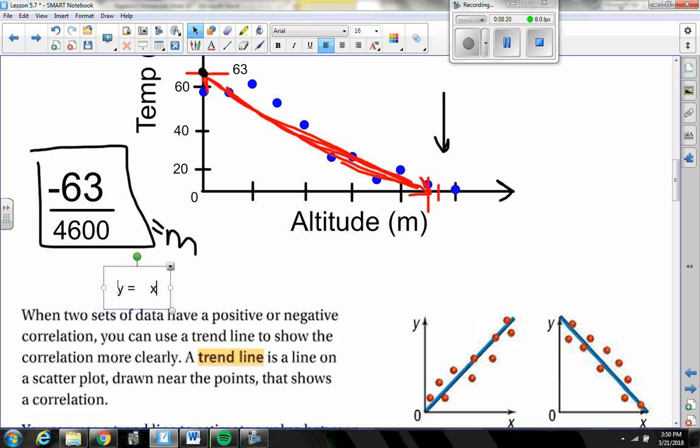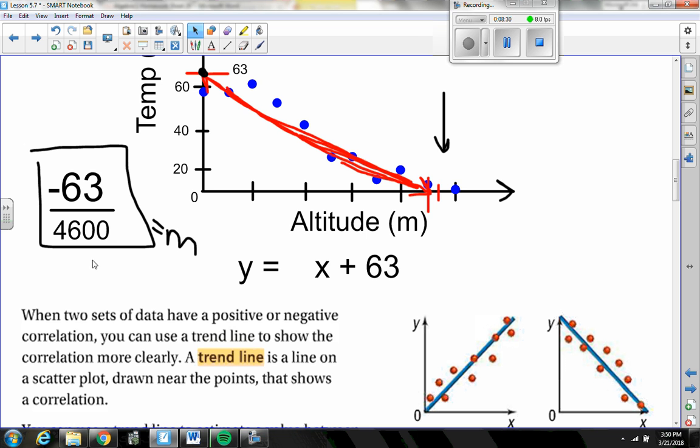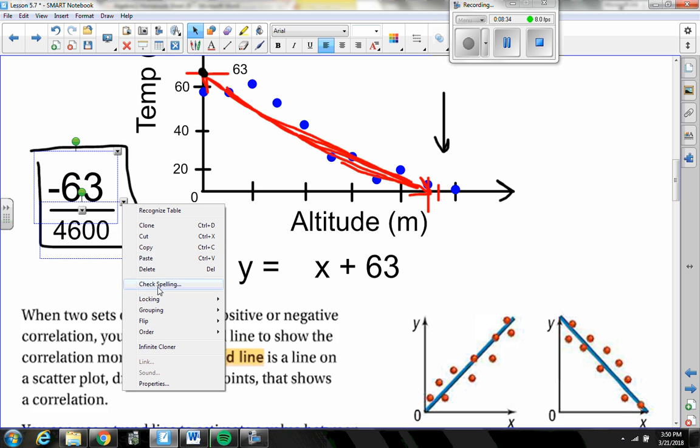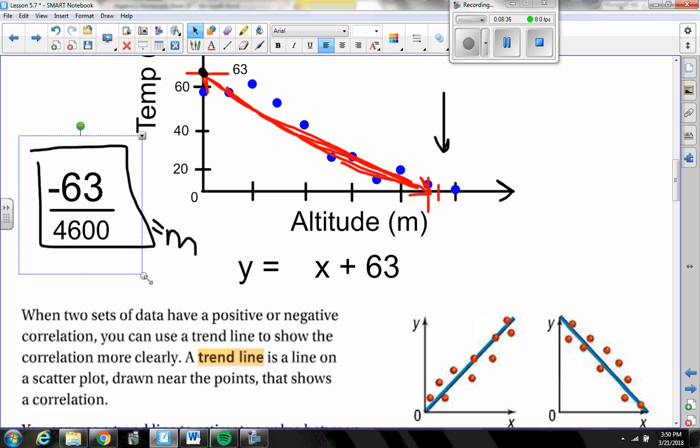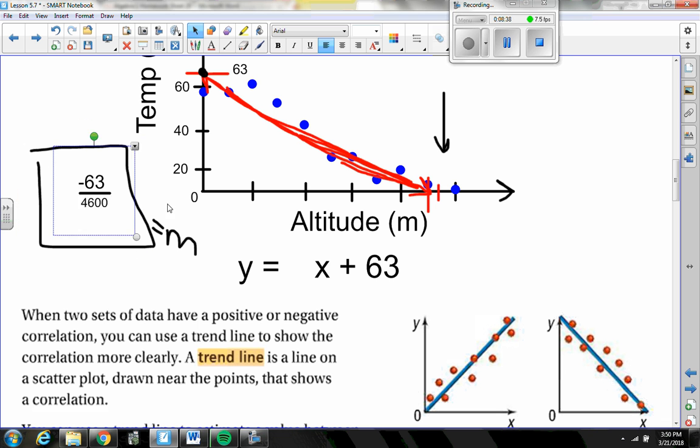So I should write my equation in slope-intercept form, where I have y equals mx plus my y-intercept value, and of course my m is just all of this. So if I scale that down and slide that in there, this equation would represent that trend line.